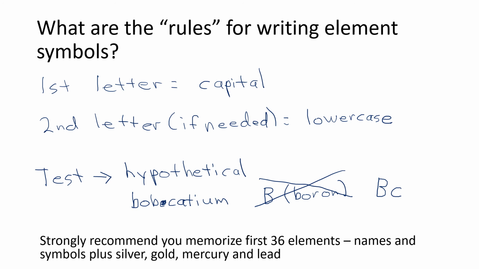I always feel bad for students who get to the end of the semester and they're looking up iron in the periodic table and they find I and they get all excited. Okay, I found the symbol. And then they read more closely and they realize, nope, I is iodine. Then they find Ir and they're all excited till they read Ir is iridium. And then at last they settle on Fe for iron. So it's just that fluency makes life in chemistry a little bit easier.